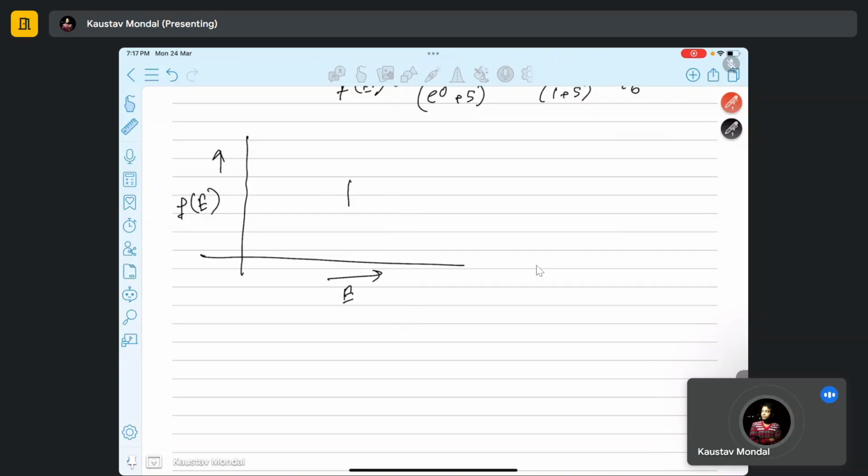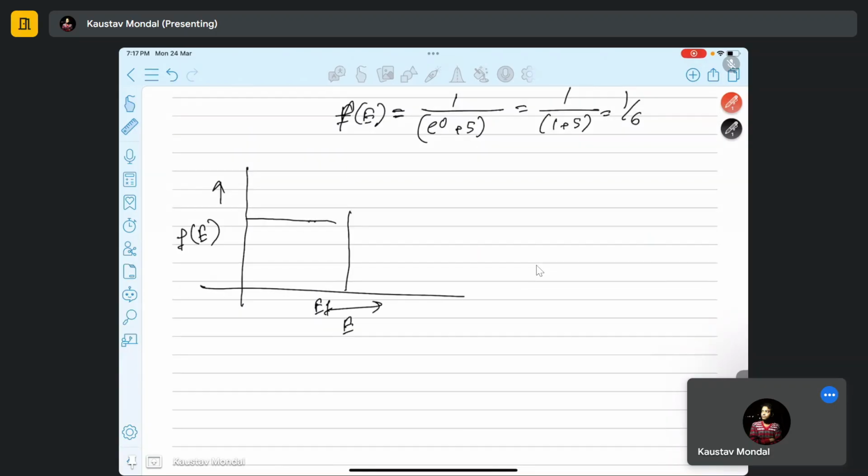So let's suppose this is the Ef. This would be 1 by 5 and this would be 1 by 6, right? This is how you should solve the problem.